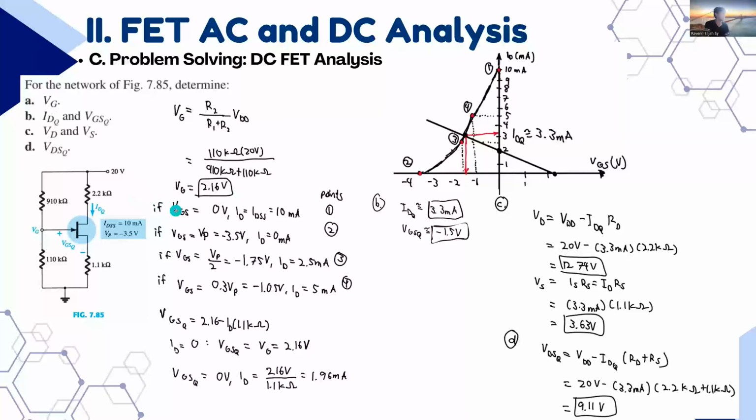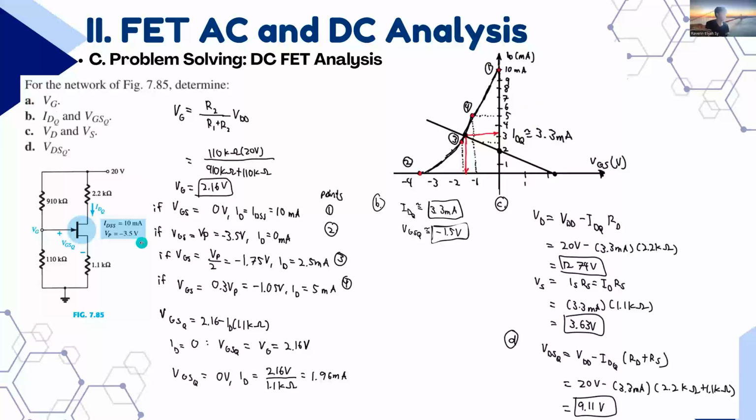So if VGS is equal to 0, we will apply ID is equal to IDSS. That is the first point, point 1. So if VGS is equal to 0, IDSS equals ID, that's 10 milliamps. Therefore, in our graph, we'll put the first point at 10 milliamps.